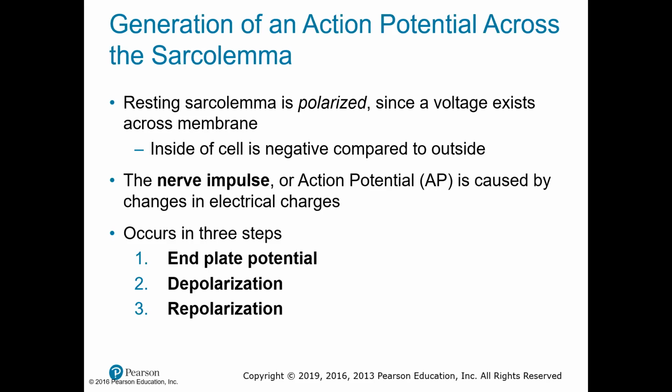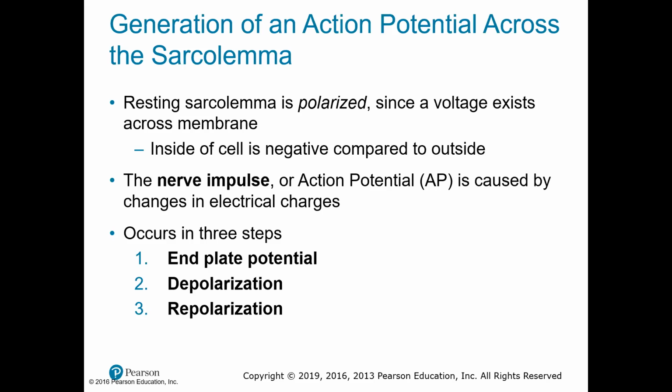So for the action potential to spread across the entire cell, three things have got to happen. We've got to change the charge on the motor end plate to hit threshold. Threshold for a muscle cell is minus 50 millivolts, so we got to go from minus 90 to minus 50. We get there by letting sodium rush into the motor end plate area on the muscle cell, causing a localized depolarization.